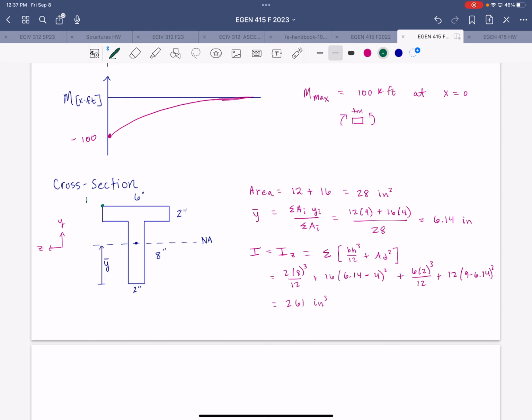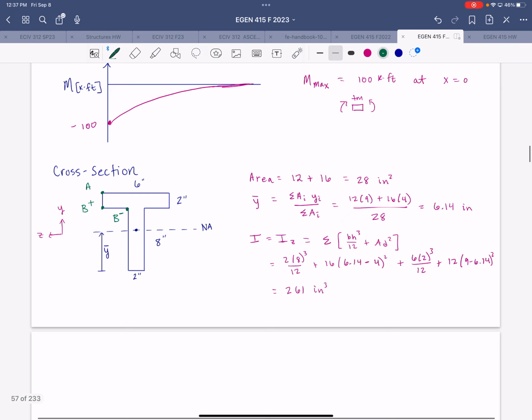All right, so I'm going to note on this cross-section the points that we're going to be considering throughout this solution. We'll call the top of the flange corner A, the bottom of the flange B plus, and then the inside corner will represent the top of the web. We'll call that B minus. We want to use the B in both places just as a reminder that at that location, we're going to have the same Q, but a different width, so different shear stress.